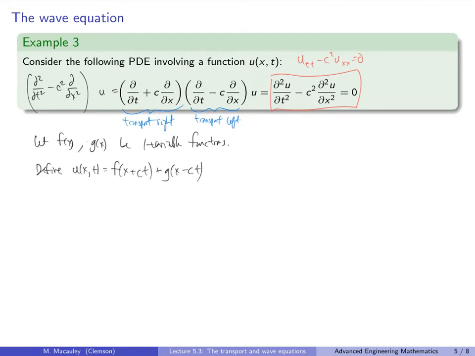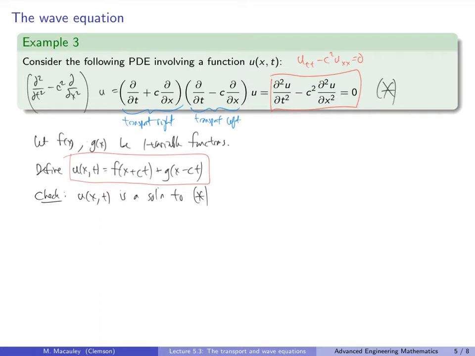So we're going to take two functions and send one of them to the left and one of them to the right. It's easy to check, I'll have you do this as an exercise, that this function u is a solution to, let me put a star here, this PDE, which we call the wave equation. Let me box this so you can see this.